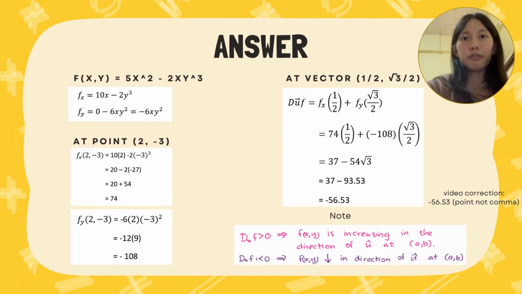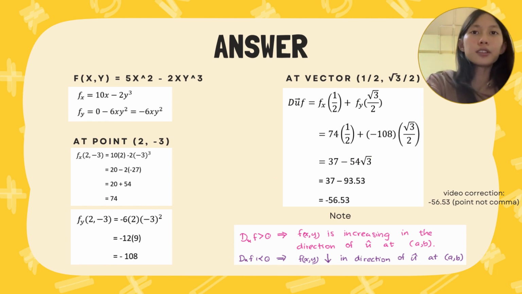First of all, we need to find the partial derivatives fx and fy from the function f(x, y) = 5x² − 2xy³. fx will become 10x − 2y³ and fy will become −6xy². And then we need to evaluate the values at the point (2, −3), so that x becomes 2 and y becomes −3.